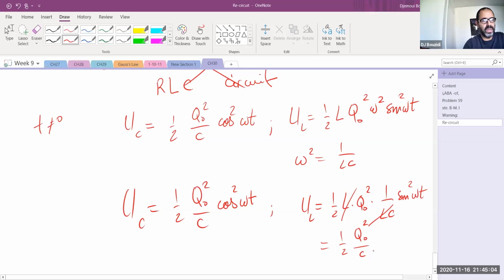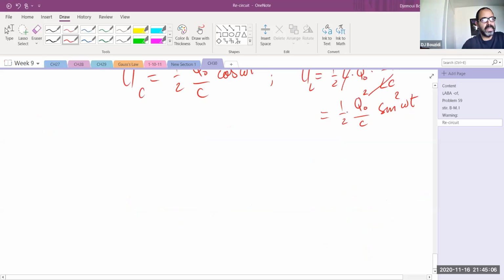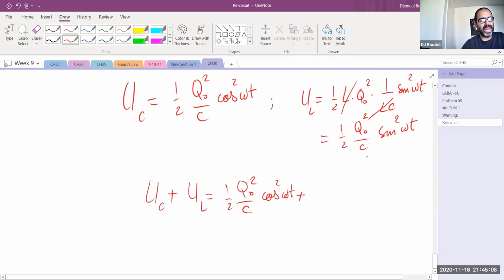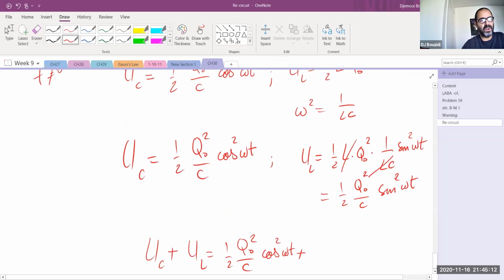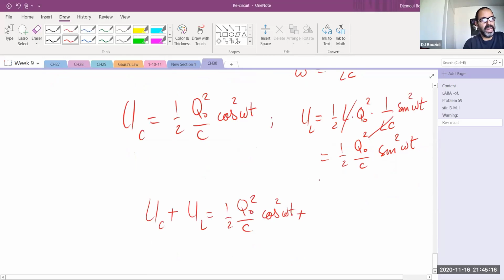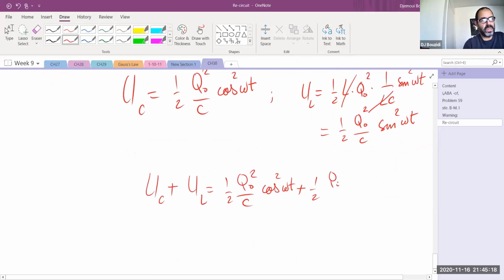The L coming from the omega squared cancels. So I'll be left with 1/2 of Q naught squared over C times the sine squared of omega t.